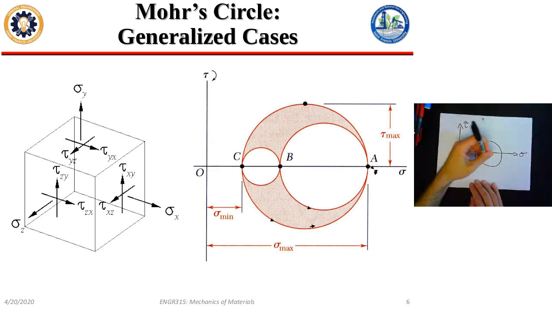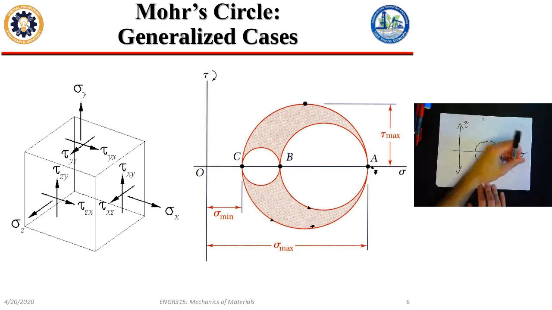We know that we can get sigma average. We can get a radius, and we can draw that circle no problem, right? Great. And in this case, the thin wall pressure vessel, we've said sigma x is sigma long, sigma y is sigma lat, and sigma z is 0.